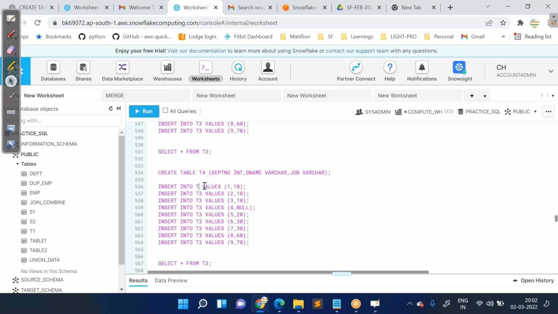Now T4 values of 10 comma CSC comma job is some clerk. Okay, so this is record 1.